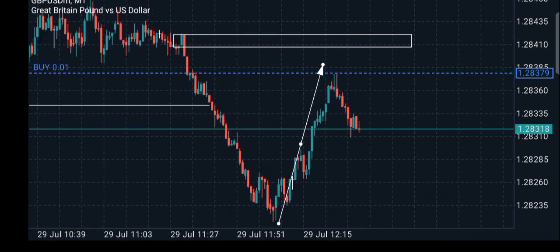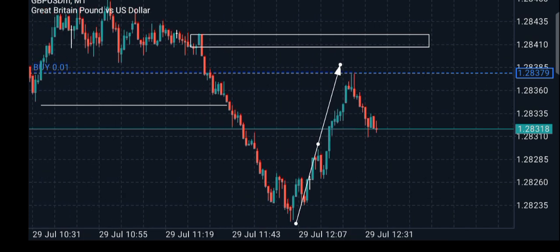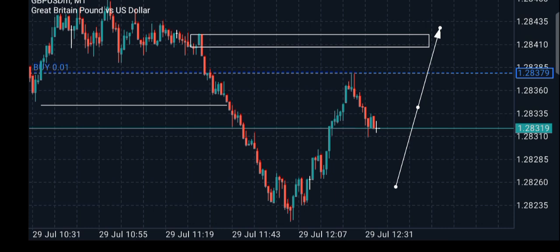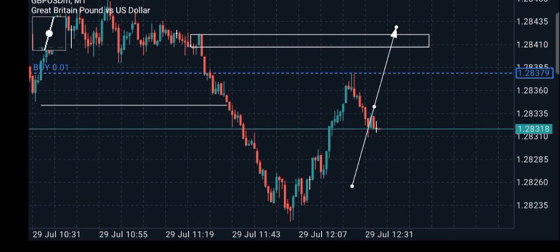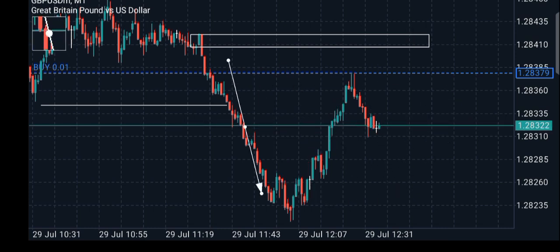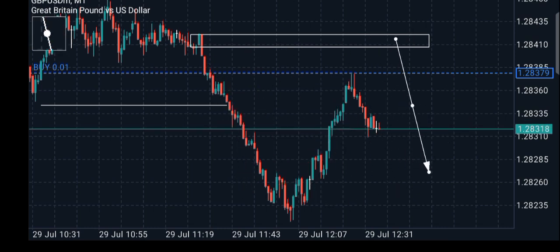If with time I see price react to this zone or consolidate around this zone, then I'll be forced to close my trades right away, then wait for price to continue selling, because price might want to fill up this imbalance on the 1 minute time frame and start selling downwards.